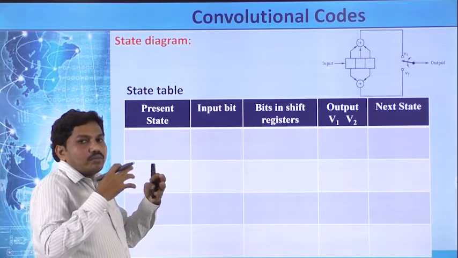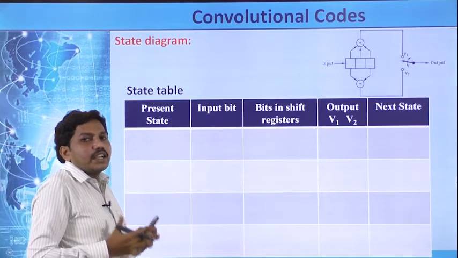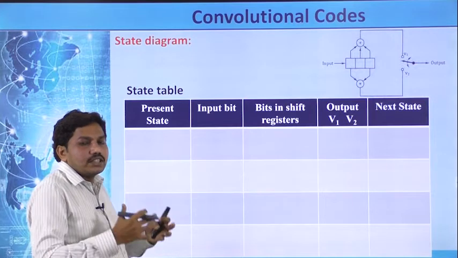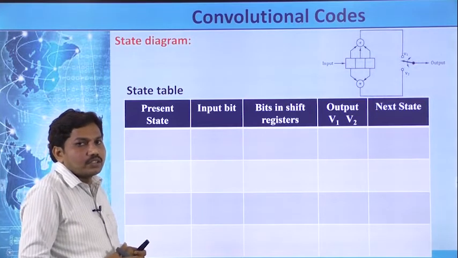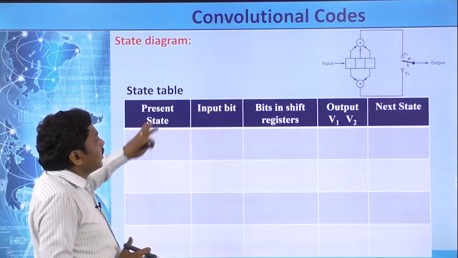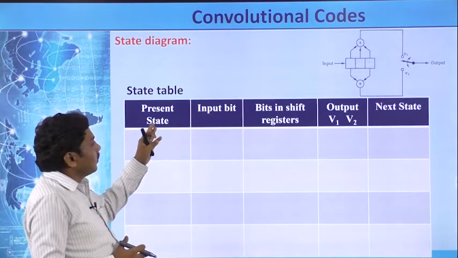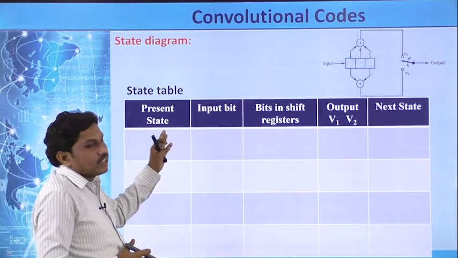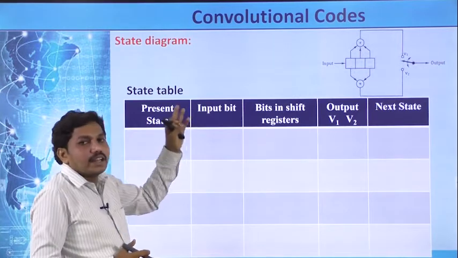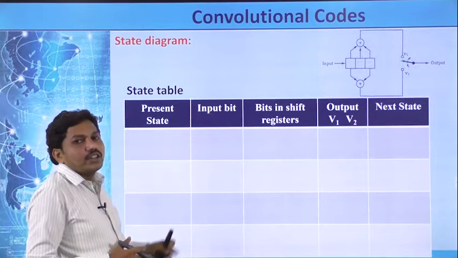Before drawing the state diagram, first we will see the state table. The state table provides the present state information as well as the next state depending upon the input bit.